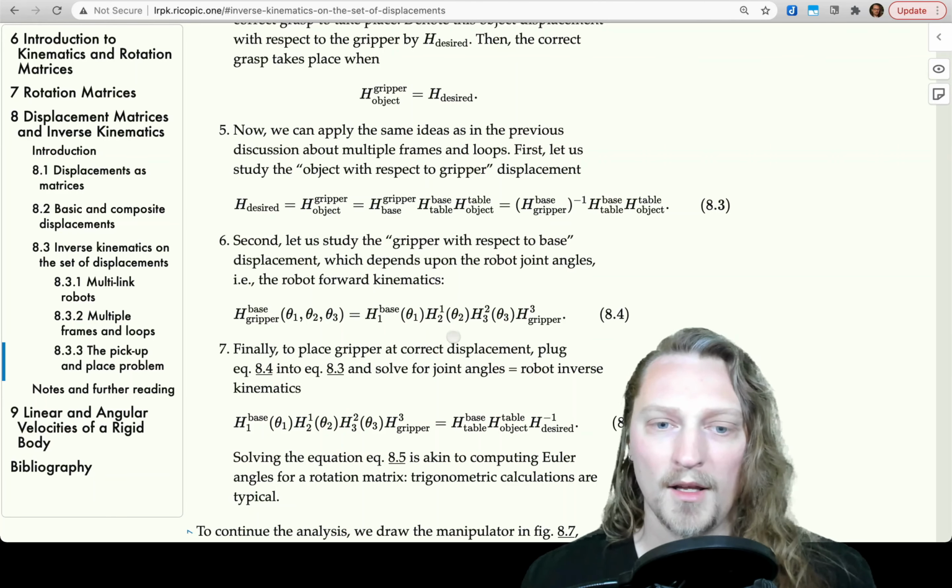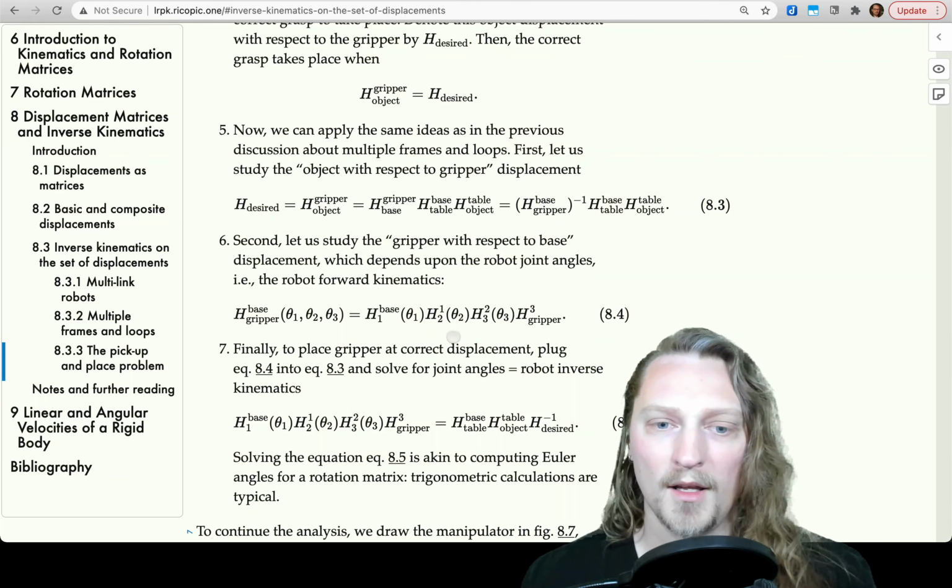So h gripper 3 is no rotation, so we're assuming that this gripper has no rotation relative to member 3, but we do assume that it has a displacement. It's offset by L4 in the y direction, denoted here.